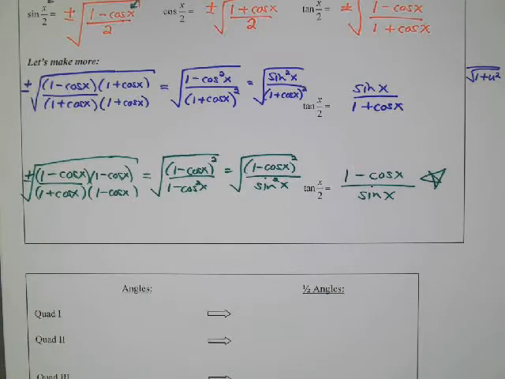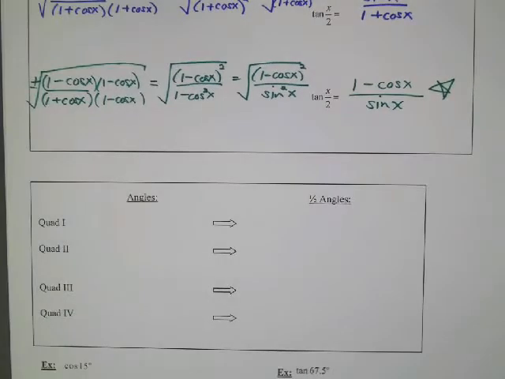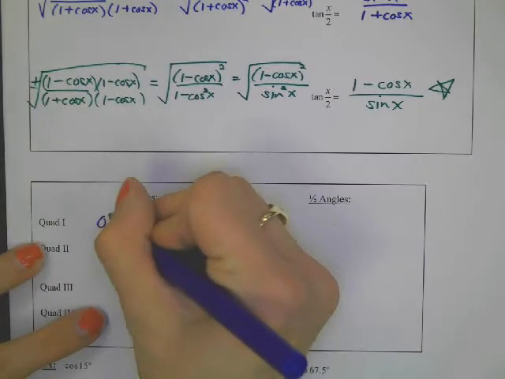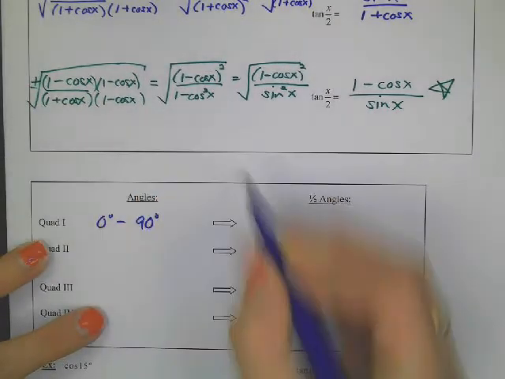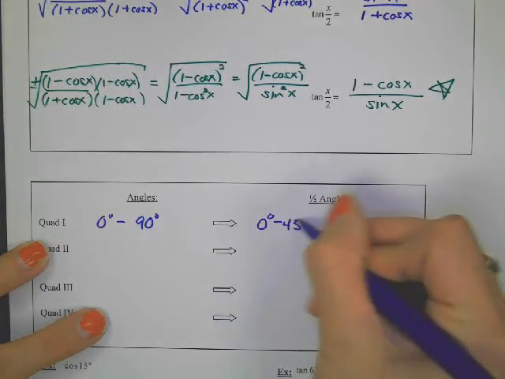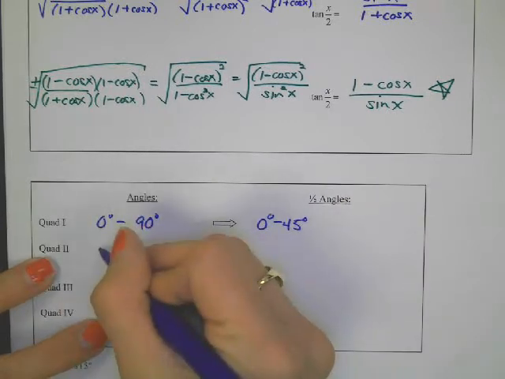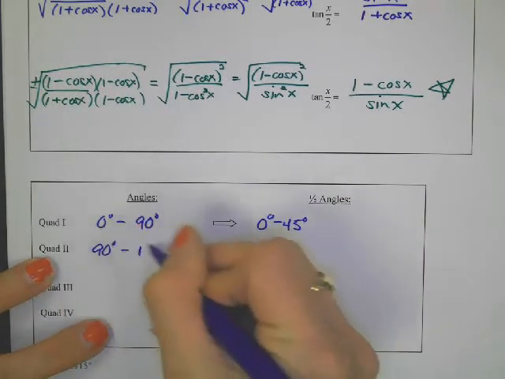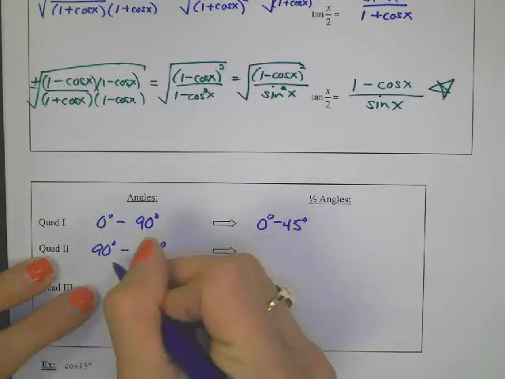Okay, we're going to go ahead here and work on half angles. So if we have angles in quadrant 1, now quadrant 1 angles range from 0 to 90. What's half of that? Well, 0 to 45. Quadrant 2 angles range from 90 to 180. What's half of that?